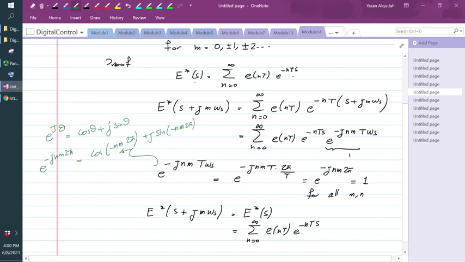And what is this going to equal? If n and m are integers, the cosine is just going to equal 1, and the j sine is going to equal 0.